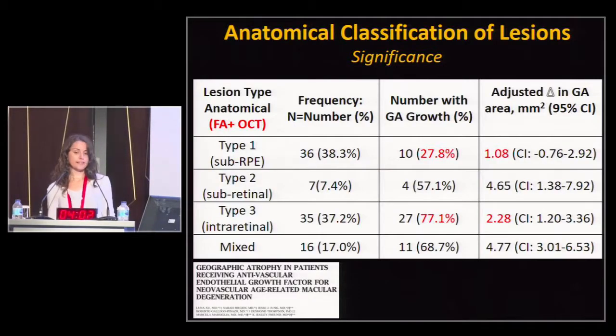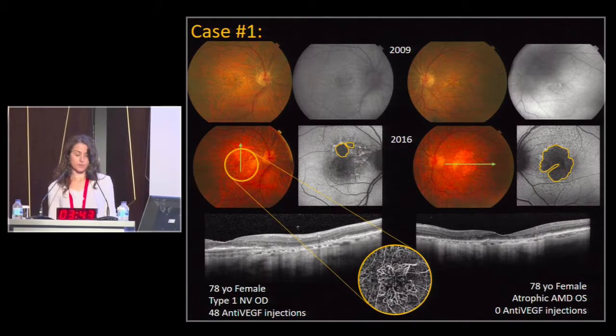But it's mainly important to classify the type of lesions because the risk of macular atrophy is going to be different. So we are going to have a higher risk for macular atrophy with type 2 or type 3 lesions. And I'm going to put this example. This is a type 1 neovascular lesion in the right eye of this 78-year-old female who has undergone 48 anti-VEGF injections over 7 years of follow-up, and she has developed this area of macular atrophy in the right eye.